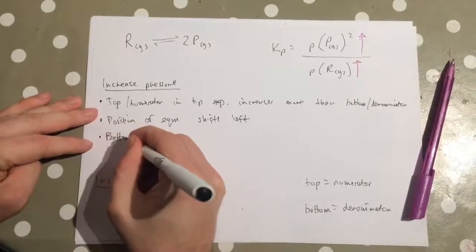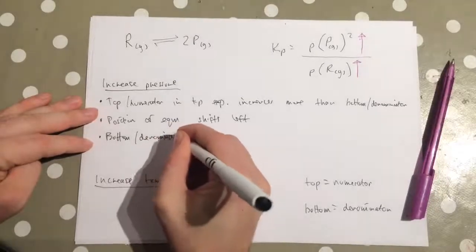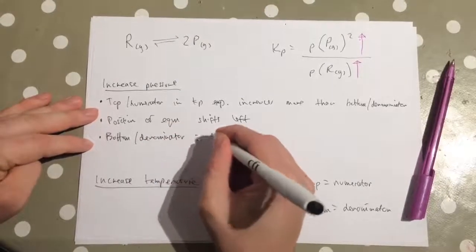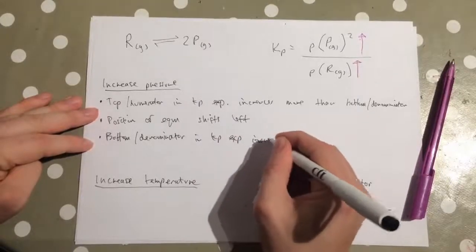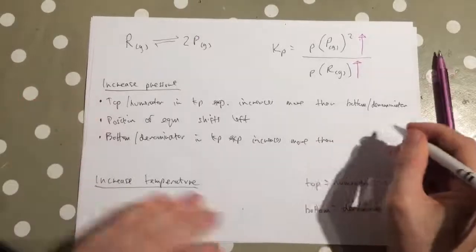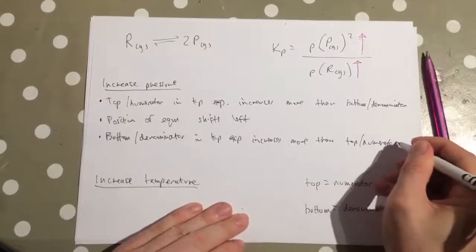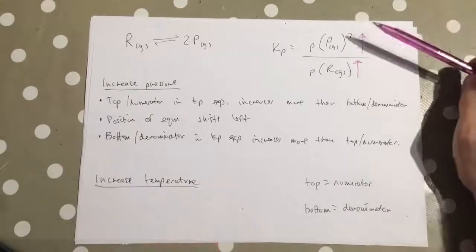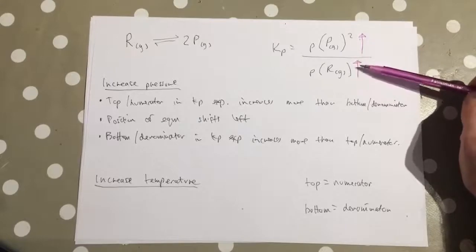The bottom, or the denominator, in the Kp expression increases more than the top or the numerator. So if you look at what's happened by the end of the day, these two effects are going to cancel each other out.